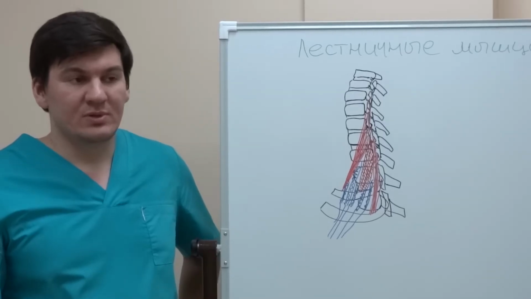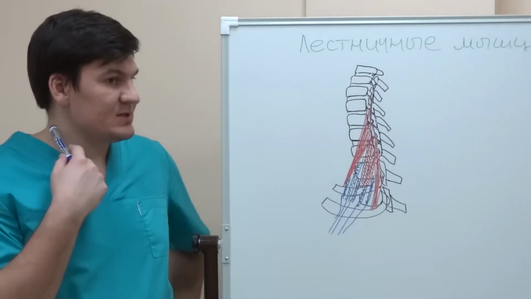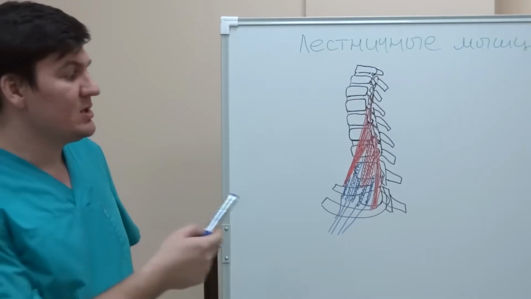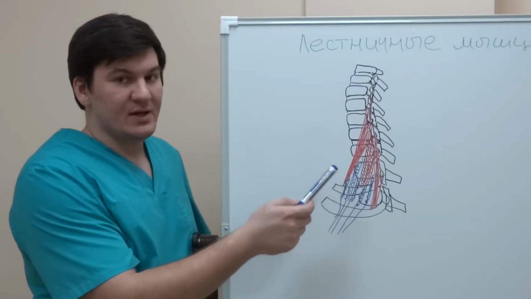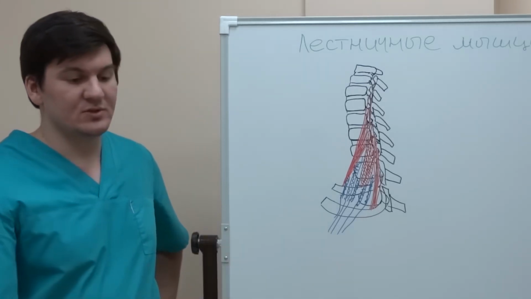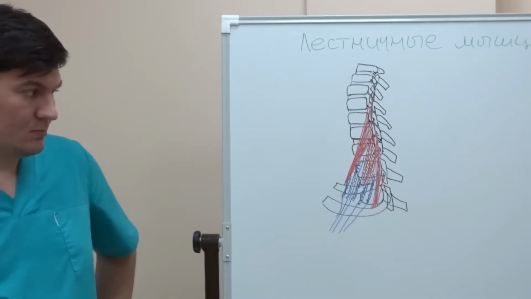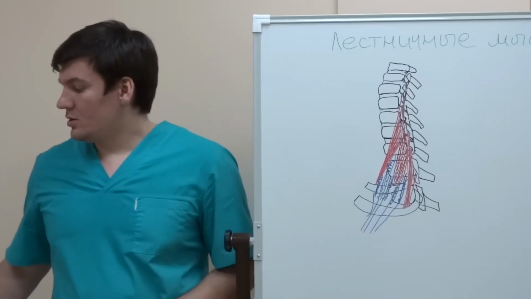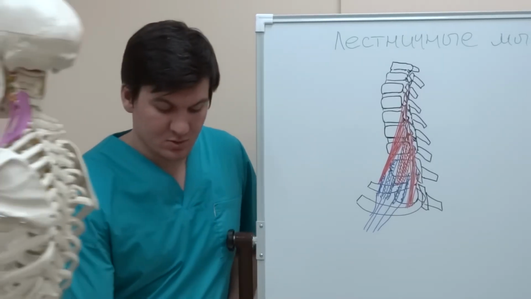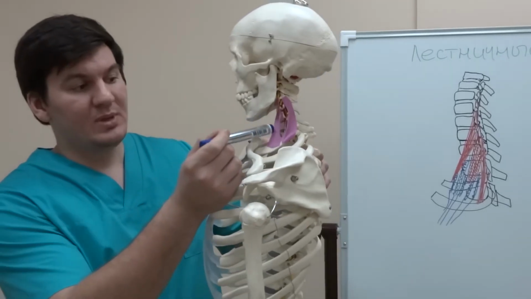For example, why might the arm become numb at night? Turn the head. At that moment, there was a tension in the muscle and the pressure on some nerve increased. Here is the anterior scalene and the middle scalene muscle, right between them.